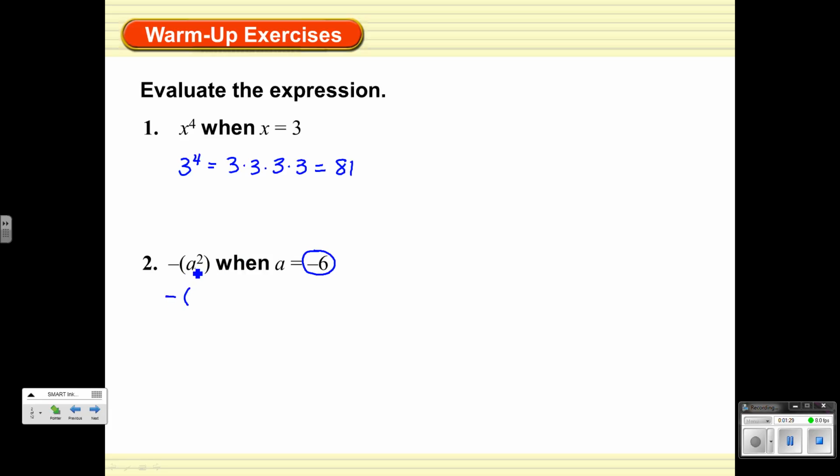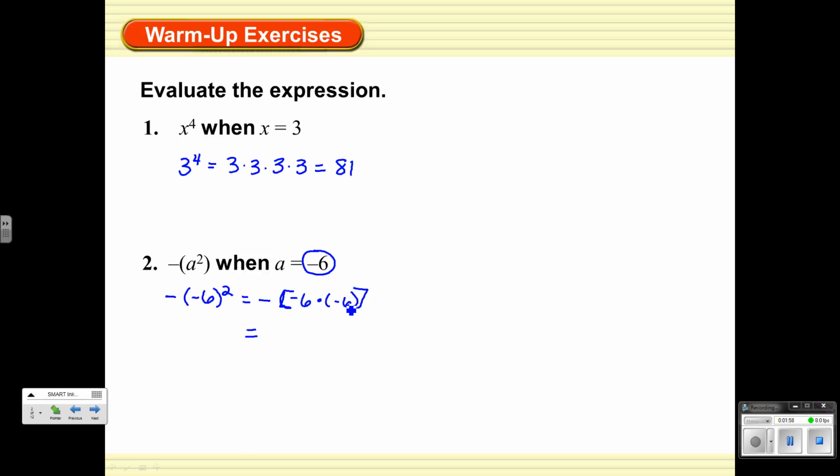And inside here, we basically do negative 6 squared. Okay? So negative 6 squared means negative 6 times, let's make brackets, negative 6 times negative 6 and then brackets. I know it's kind of confusing, but I'm just showing you mathematically how it works.